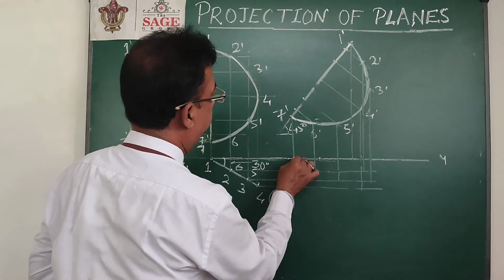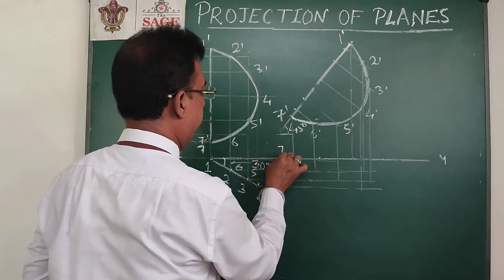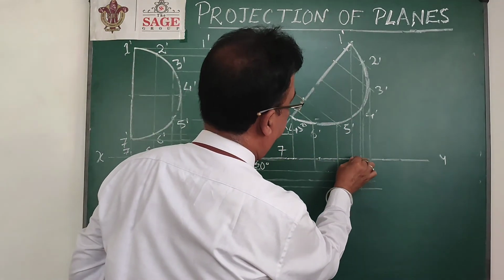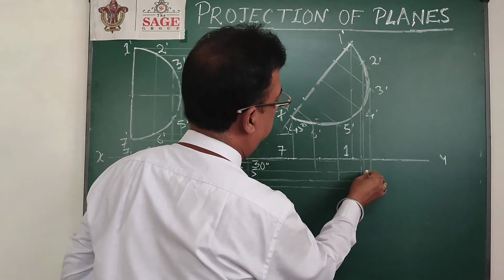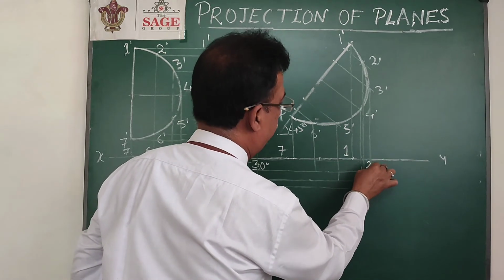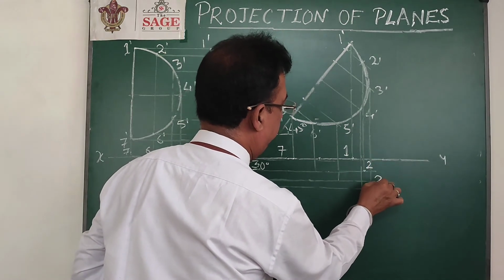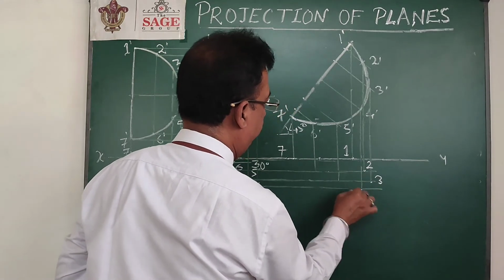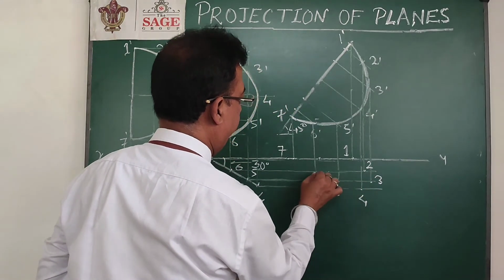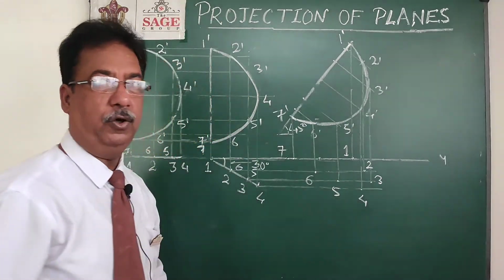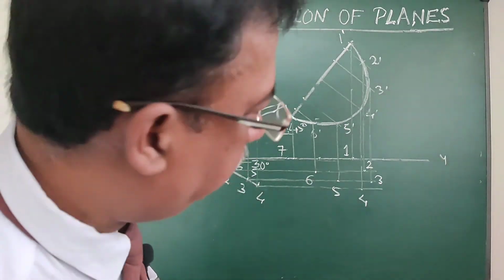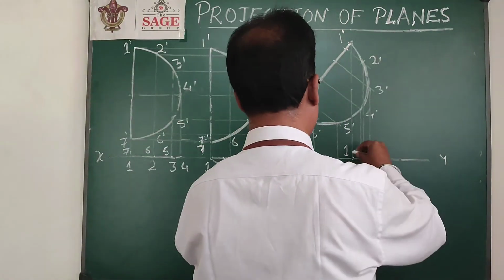I will name them. This will be point 7, this will be point 1, this is 2, this is 3, this is 4, 5 and 6. So already I got all the 7 points in the top view. Now join those points.